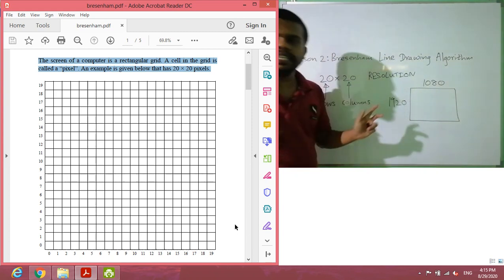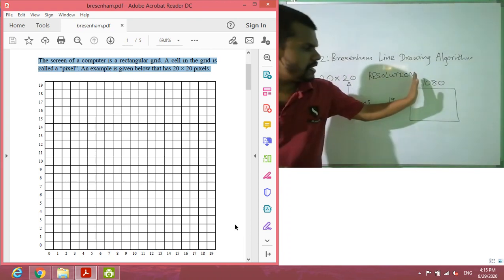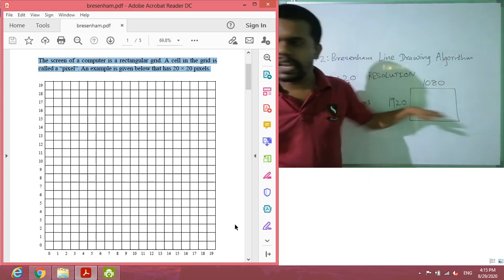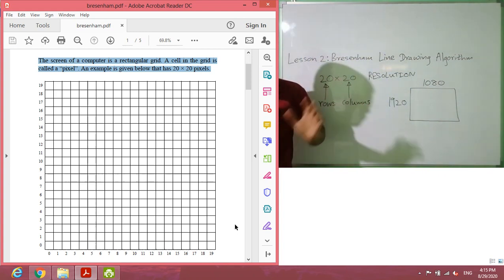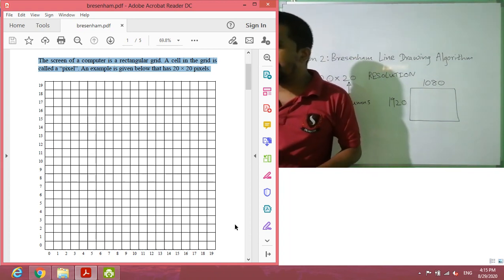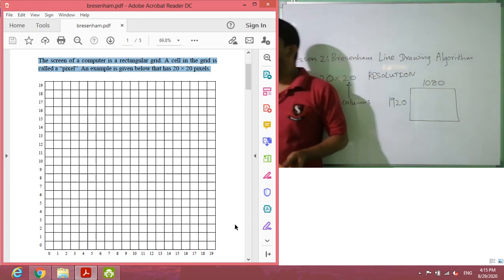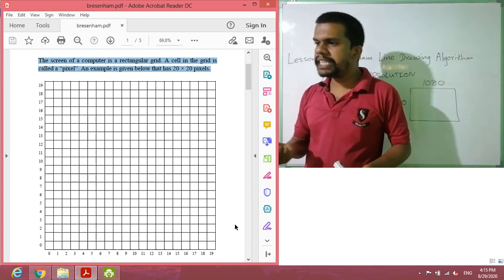If your vision is sharp, you can look at your laptop screen very closely. You will see vertical lines as well as horizontal lines. Then you can see a grid. One particular cell of that grid, we call a pixel.